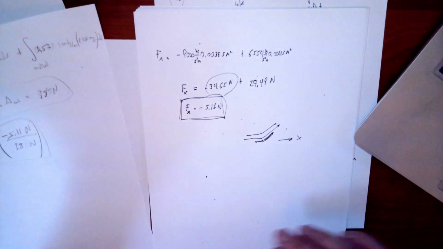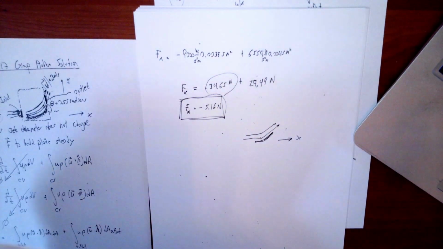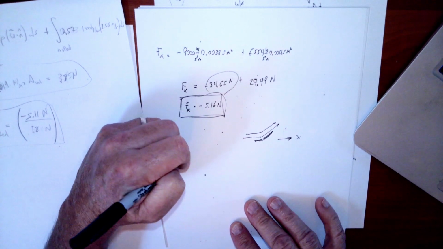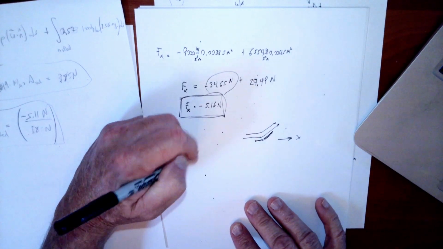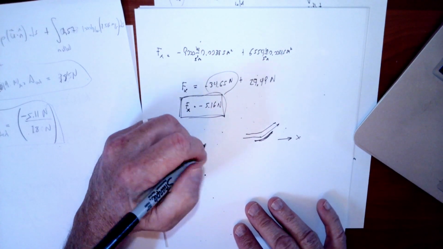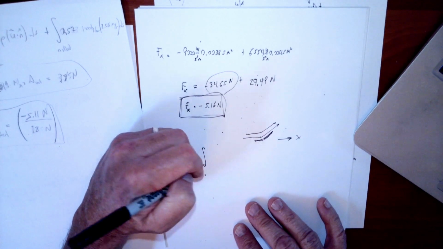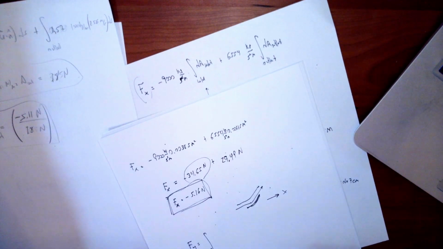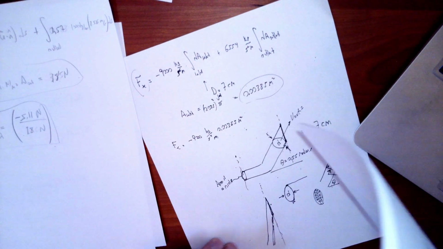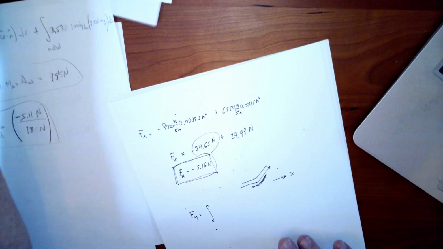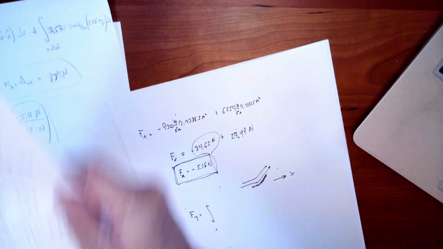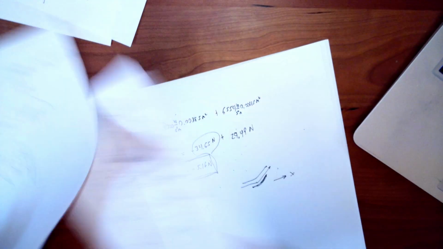And for Y, we had, where was my Fy equation here? Go back to my Fy equation so you can all see it. A while ago, apparently. There we go. There's my Fy equation.